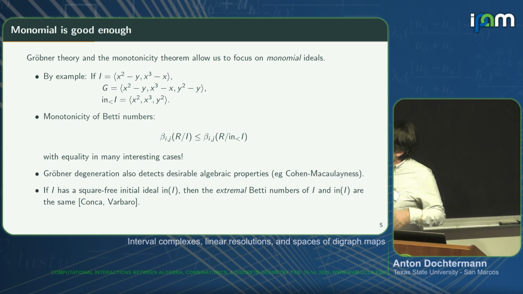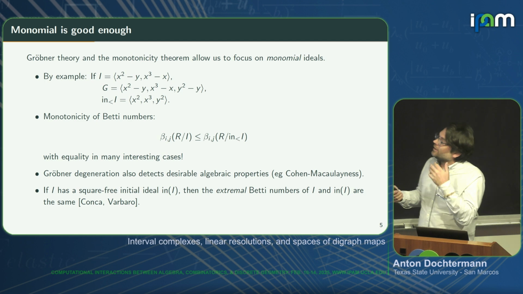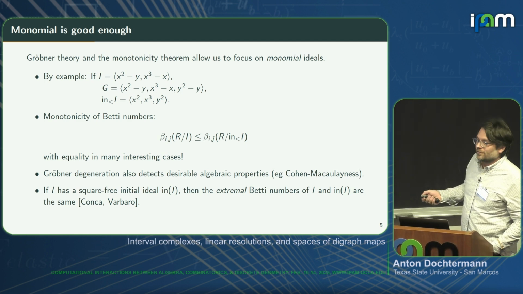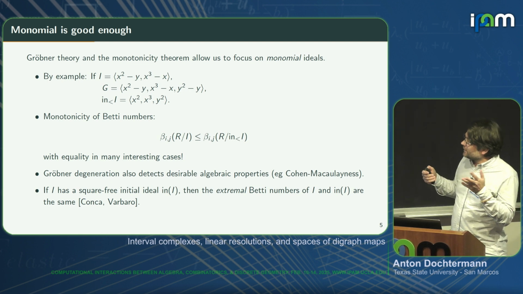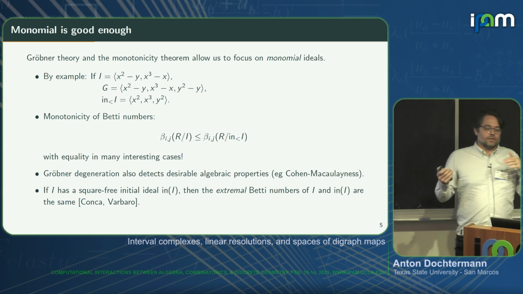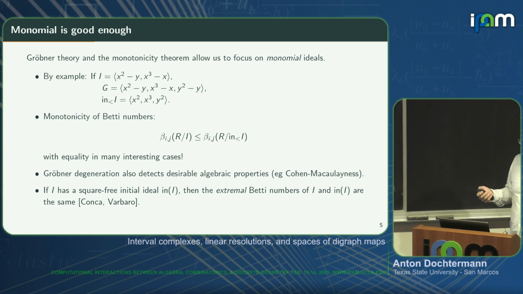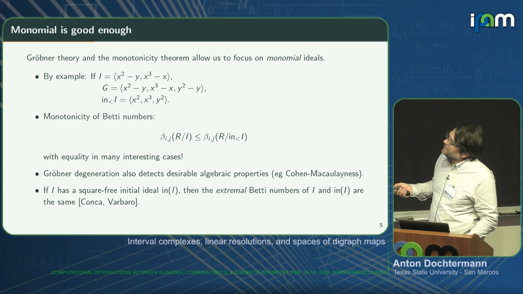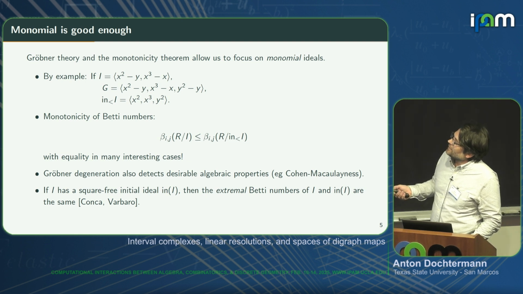So again, I'm coming from the more combinatorial side, so monomial ideals will be my emphasis for today. I know many people know this, but Gröbner theory allows you to take an ideal and consider initial ideals, which are often monomial ideals. I have an example up here, if you haven't seen this kind of thing.